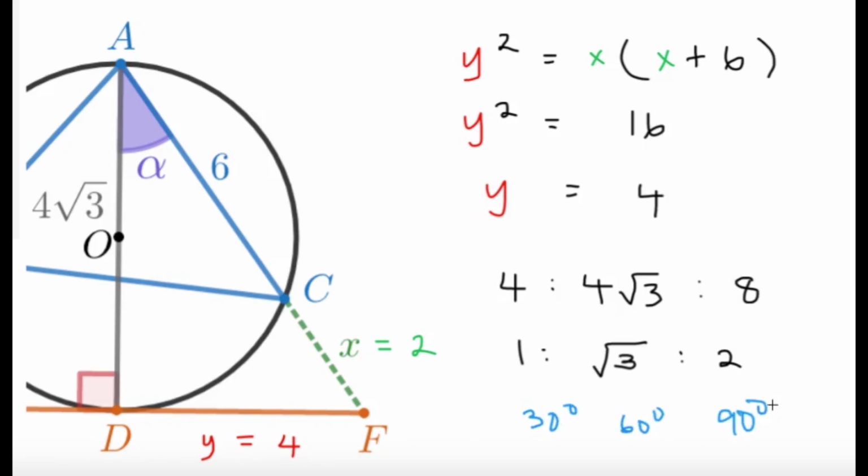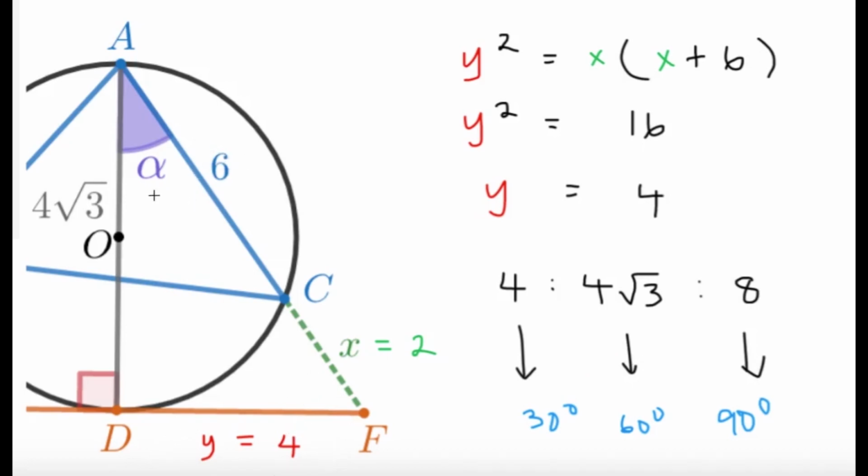Now the angles are determined by this: the angle opposite to each of these three sides. So we know that the angle opposite the side with length 4 is going to be 30. In this case, angle alpha is opposite DF, which has a length of 4.